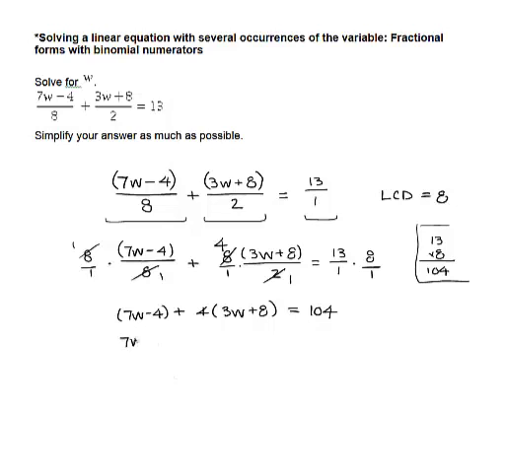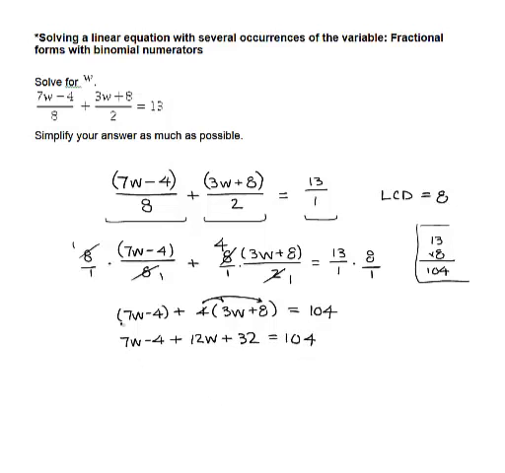So I have 7w minus 4, and I'm going to use the distributive property to multiply the 4 by everything inside the binomial. That's why I put the parentheses there, to remind myself. So I get 12w, and plus 4 times 8 is plus 32, and that equals 104.